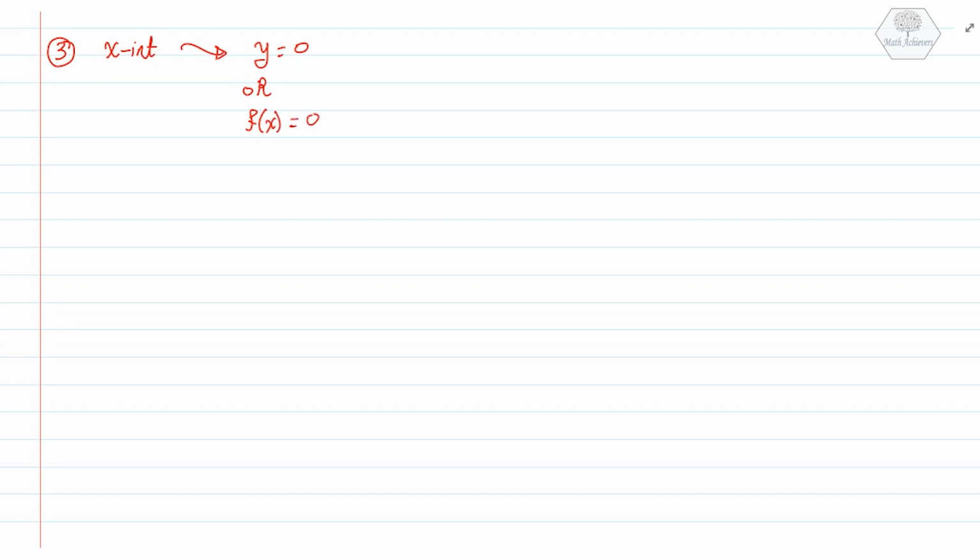We can take an example for finding the x-intercept. If we have f of x is equal to x squared minus x minus 2.